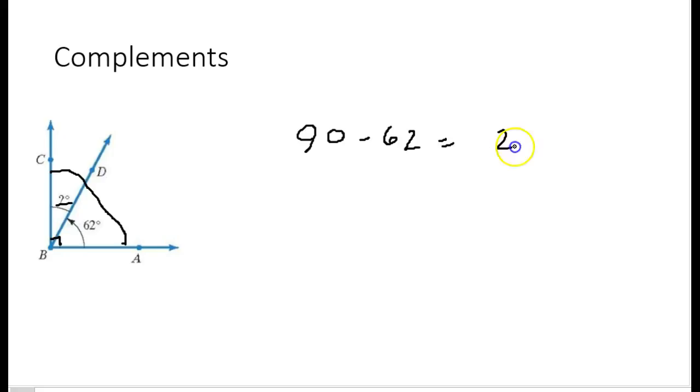It equals 28 degrees. So those two angles are complements. So 28 and 62 are complements. So this angle here with the question mark would be 28 degrees.